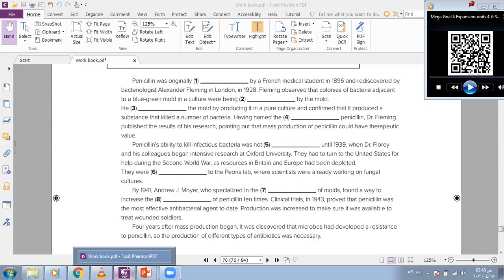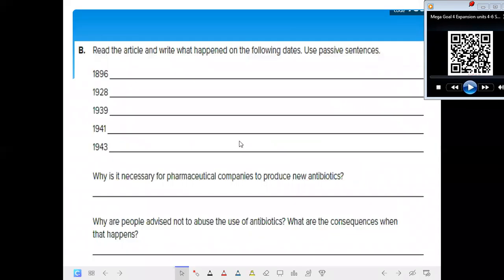Penicillin, exactly. Excellent. Originally tested. Excellent, very good, bravo. Thanks, Abdelrahman. So, penicillin was originally tested. Excellent.